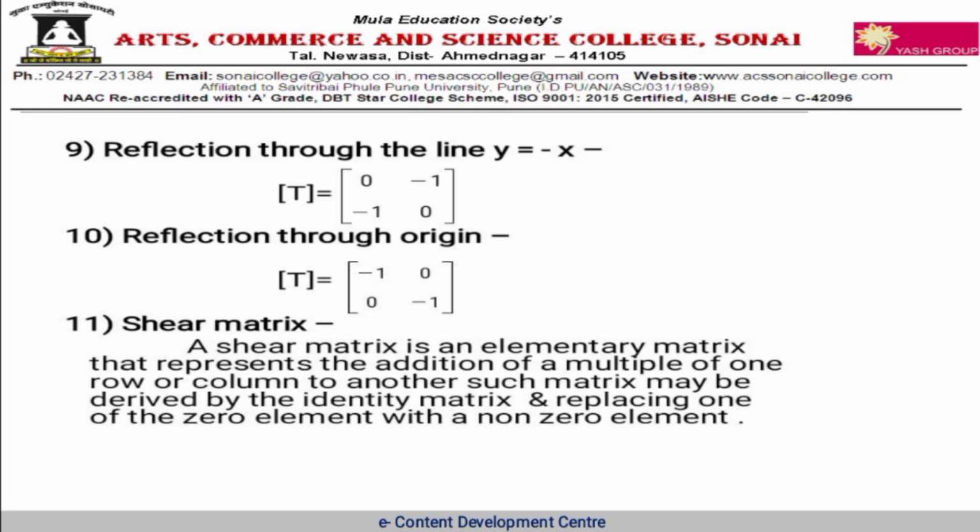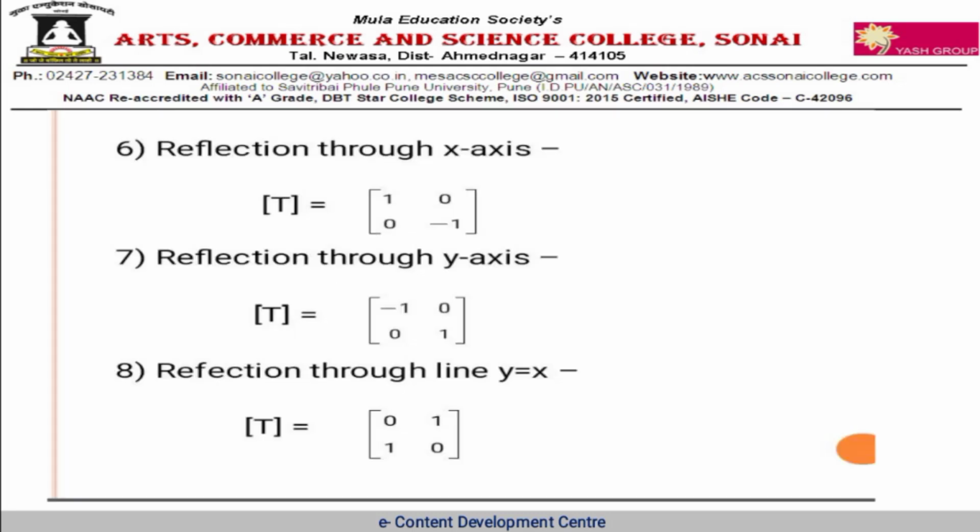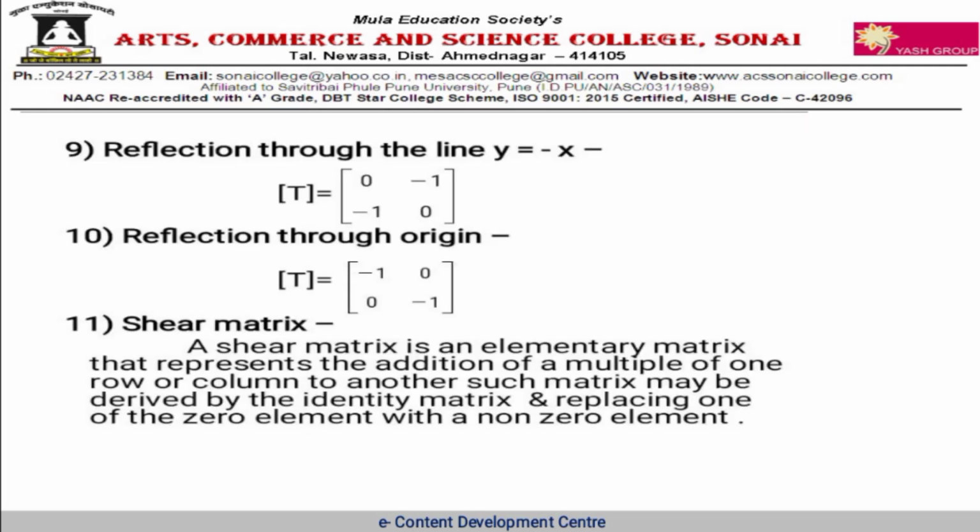When we take the reflection through the line y equal to x, then we have positive 1s. If we take the reflection through the line y equal to minus x, then the signs of the ones are negative. The next effect is reflection through the origin. So the transformation matrix T is equal to minus 1 0 0 minus 1, which is the reflection through the origin.